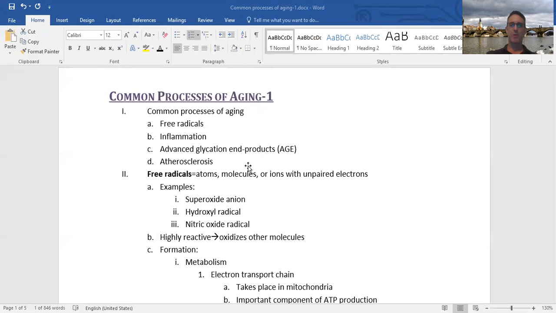So here is how this is thought to happen. The mitochondria produce free radicals. Those free radicals then damage the mitochondrial DNA, and this damage can result in mutations, and therefore there's a decline in mitochondrial function.